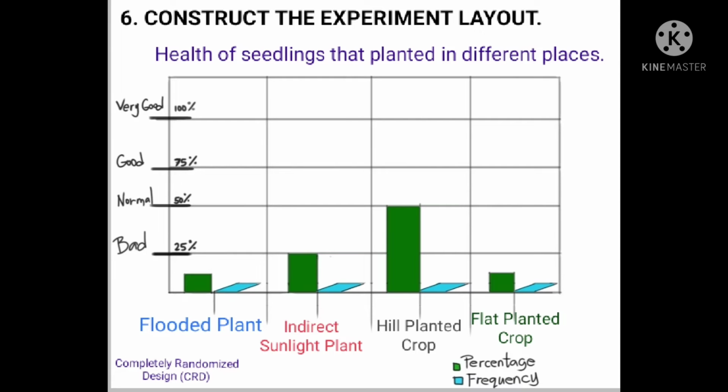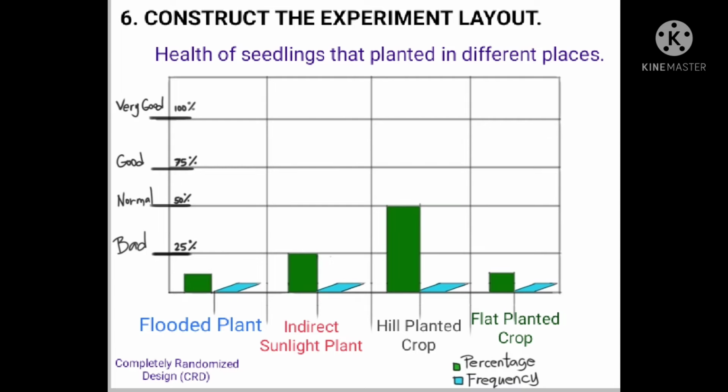There are some places that I planted: flooded plant, indirect sunlight plant, hill planted crop, flat planted crop. Then the green color is the percentage, the blue color is the frequency.